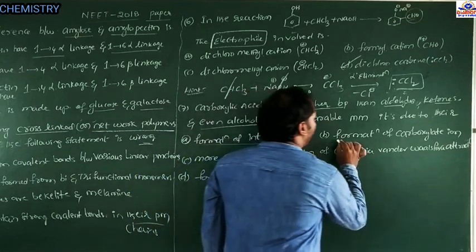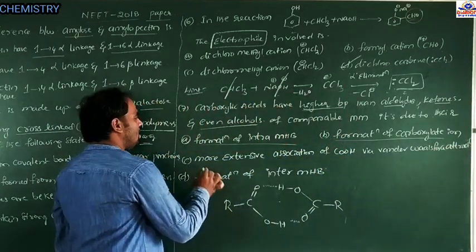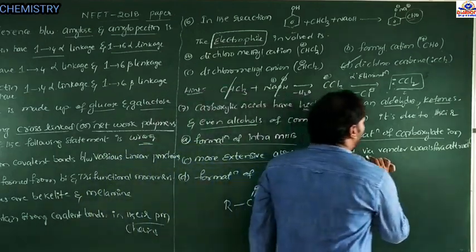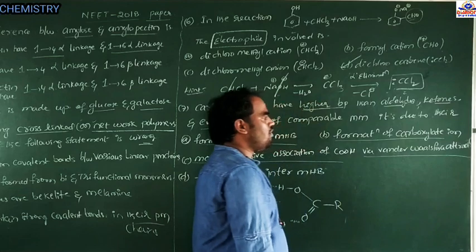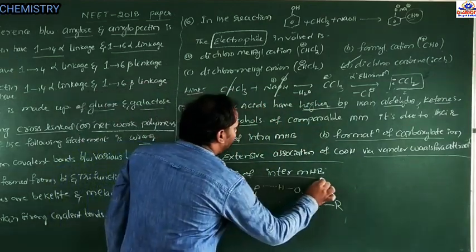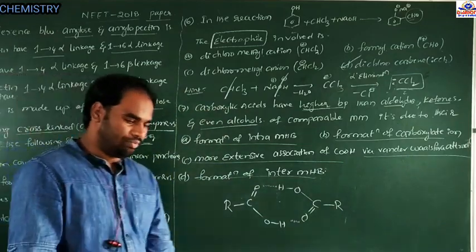Option B, formation of carboxylate ion. Option C, more extensive association of carboxylic acids via van der Waals force of attraction. Option D, formation of intermolecular hydrogen bond. Okay, this is the question.